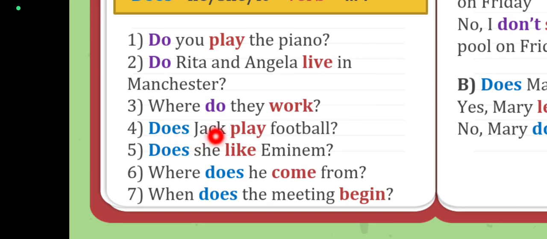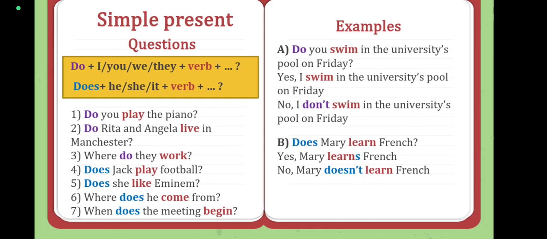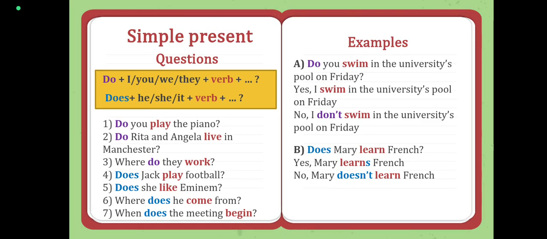So for example, does Jack play? Basic form. It is not does Jack plays. That is not correct. Okay, it is like the auxiliary absorbs the s at the end. You got it? Is this clear? Yes, teacher. Awesome.